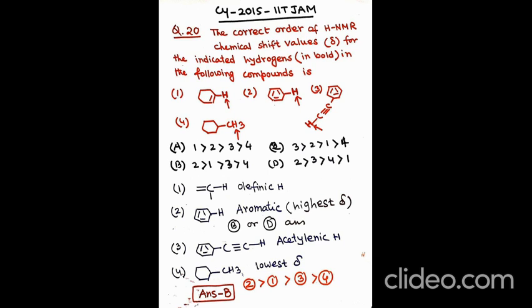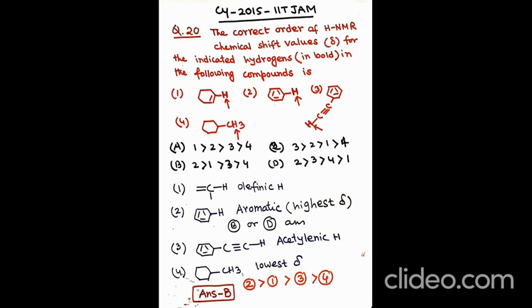They are asking about the hydrogen of cyclohexene, hydrogen of benzene, hydrogen of phenylacetylene, the hydrogen attached to the acetylenic carbon, and the 4th one is methyl cyclohexane, the hydrogen of the methyl group. These 4 things we have to arrange from the highest delta value to the lowest delta value.